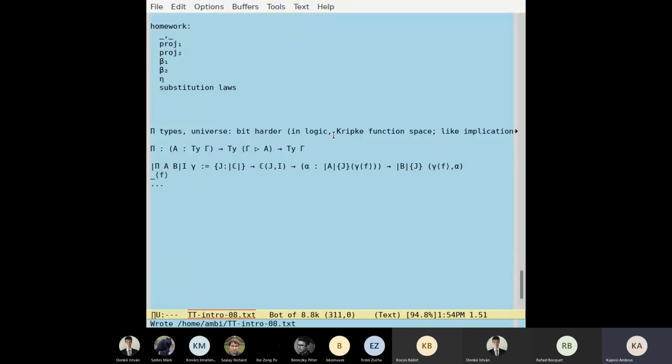And this is the idea of this Kripke function space. So in this function space, I don't only have a function from A to B at I, but I need to have a function from A to B at every J from which I have a morphism to I. Okay, and oh, sorry, I should have given this a name because I used it. So this is called F.